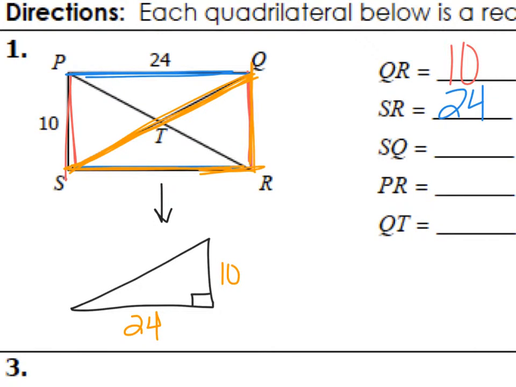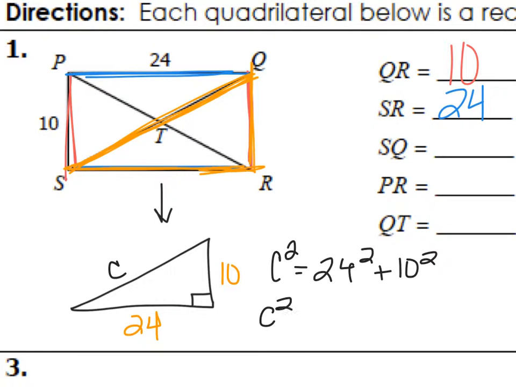So we need to do the Pythagorean theorem to solve for side C. Okay, so this is where C squared equals 24 squared plus 10 squared. And when I add those together, 24 squared plus 10 squared, I get 676.